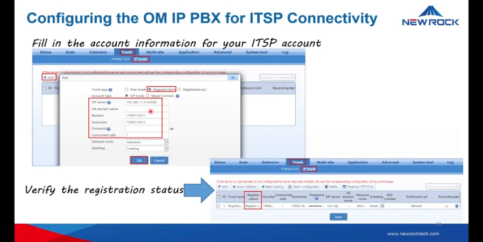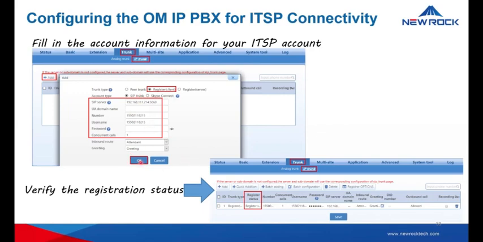And for the register part, if you want to connect to an FXO which does not have a fixed IP, you can also use this functionality. Again, the very important ones are the SIP server, the number, the username, and of course the password you need to fill in.